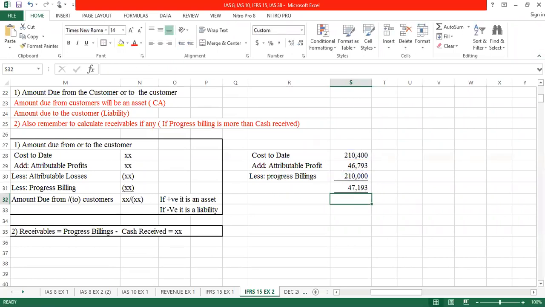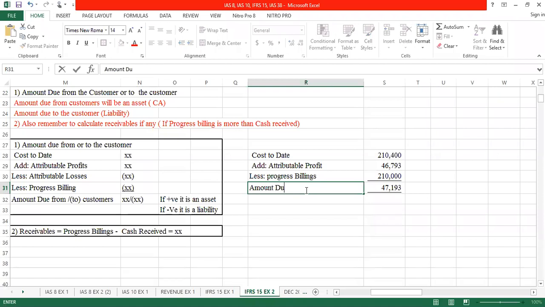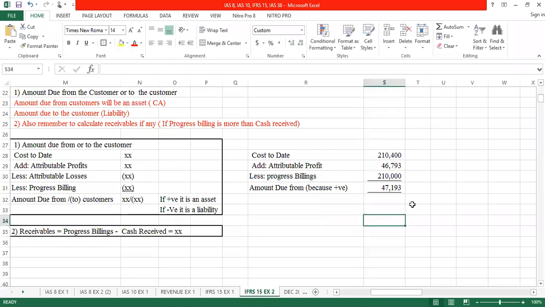Is it an asset or a liability? It is due from, because it is positive. I hope we are together. Therefore it is an asset.